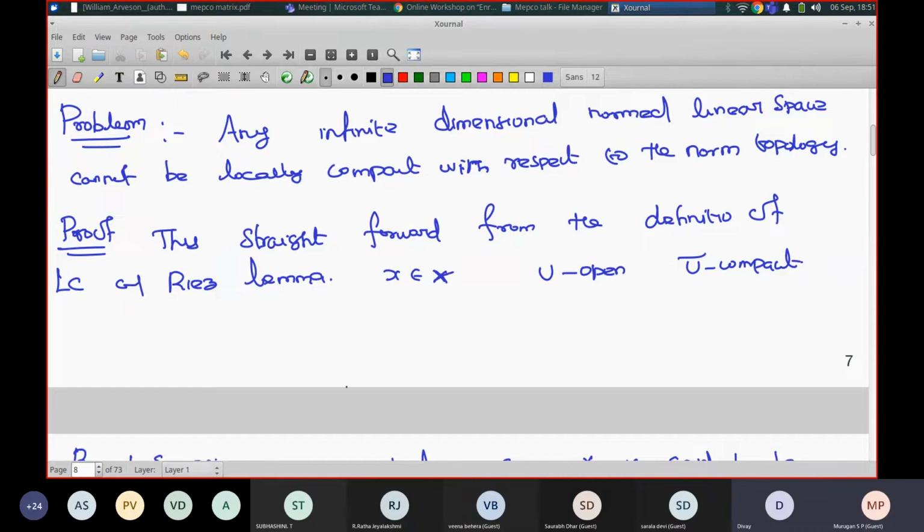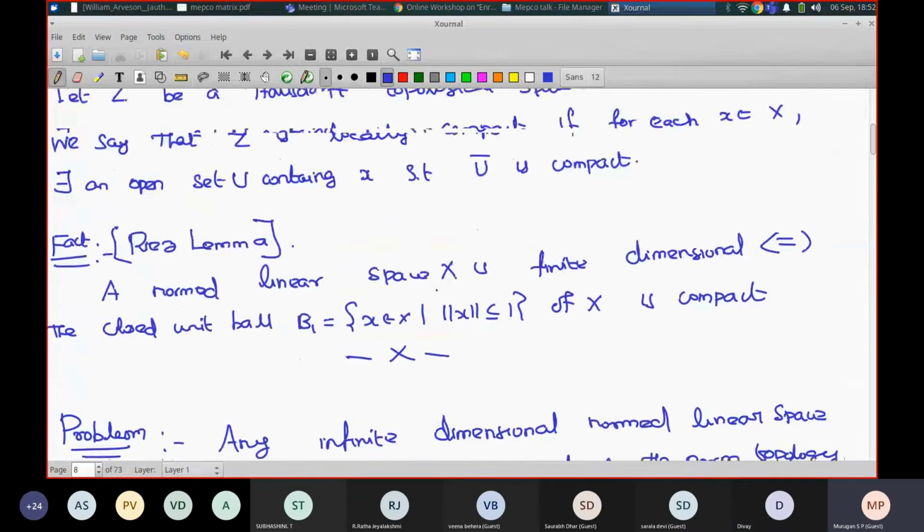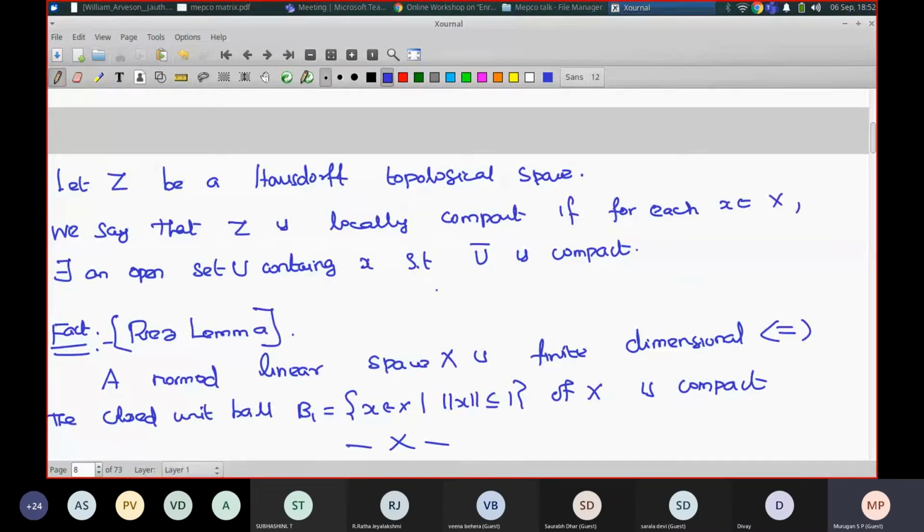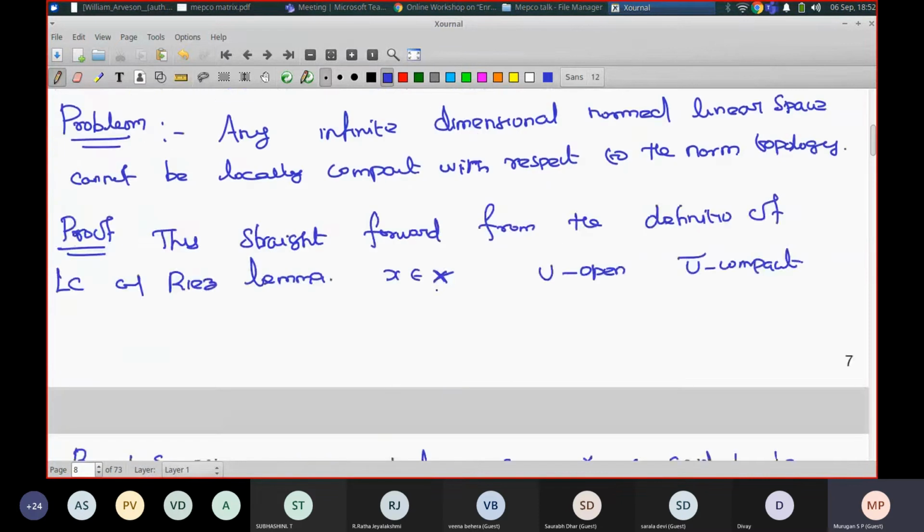See, this is very simple. What is the locally compact definition? I will recall the definition. For each x belonging to X, there is an open set U containing x such that U bar is compact, right? That means, suppose X is locally compact. Given any point, you can find an open set whose closure is compact. I will take x equal to 0.